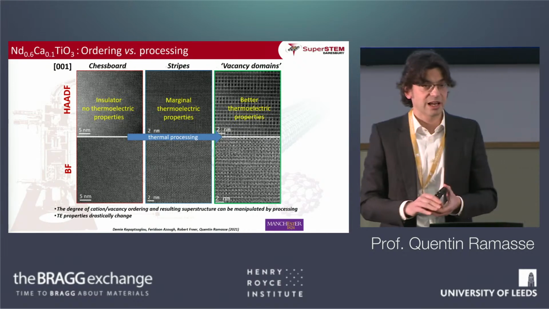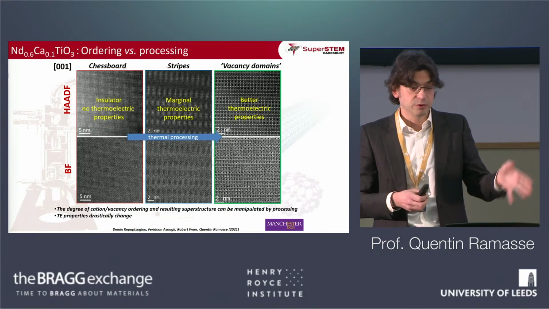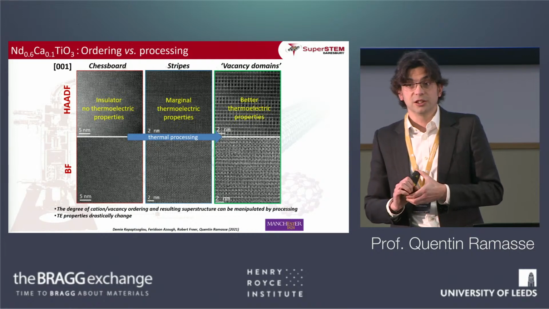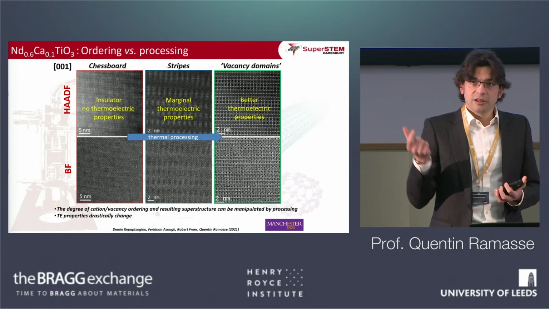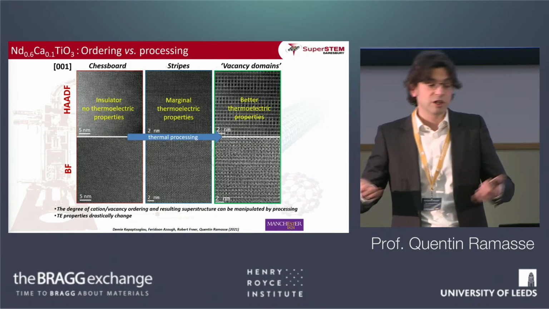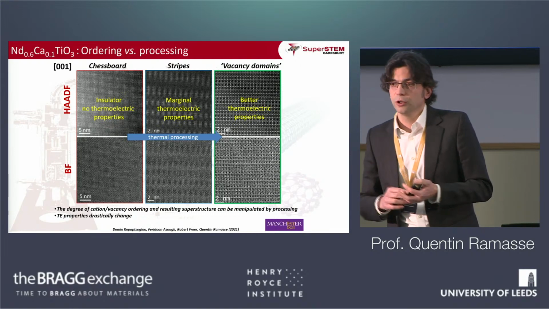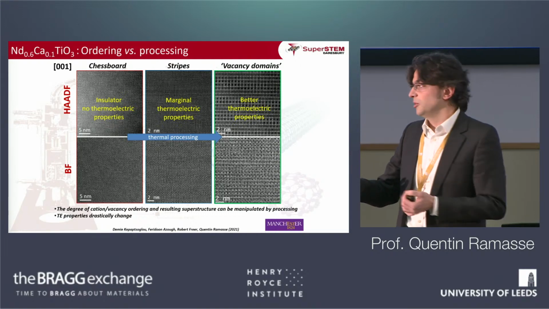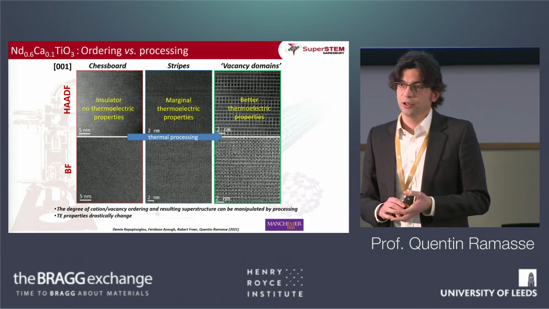And the question is, how do you relate what you see in the image at the atomic level to how you understand these properties? So you might say again, if you remember what I was saying, if my atomic column is brighter, surely it's heavier. If it's heavier, well, I've got niobium in the system. That's a slightly heavy ion, so something that is slightly brighter will tell me it's got a little bit more niobium, more of the heavier cations in it.